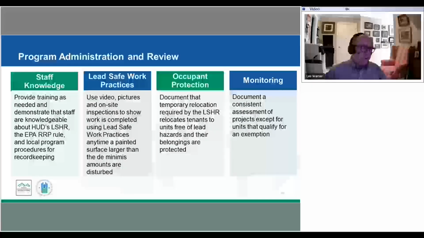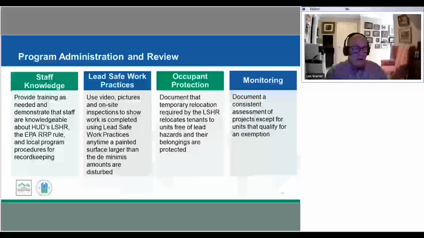So, some intermittent visits to the site, using videos or pictures as part of that, just to make sure that this is actually being implemented as planned and folks are following those requirements.